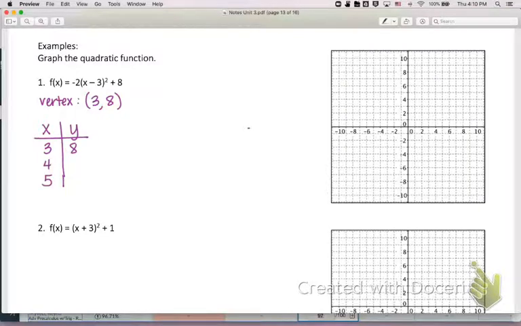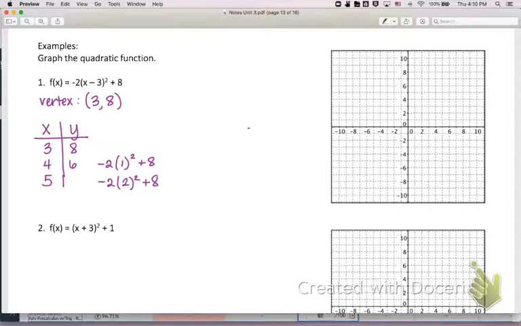Pick 2 other x's. And now you can go ahead and plug those into your equation, and you can use your calculator to do that. So we get negative 2 times (4 minus 3), which is 1 squared, plus 8, so this gives us 6. And if we plug in 5, we get negative 2 times 2 squared plus 8.